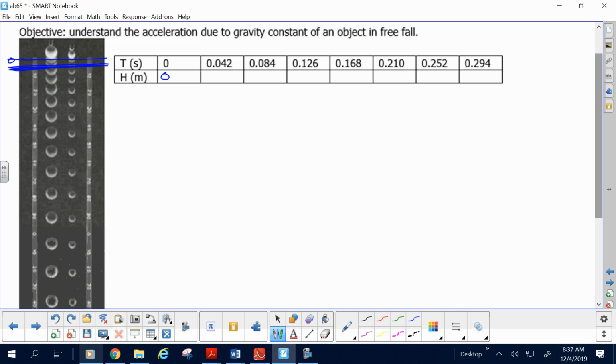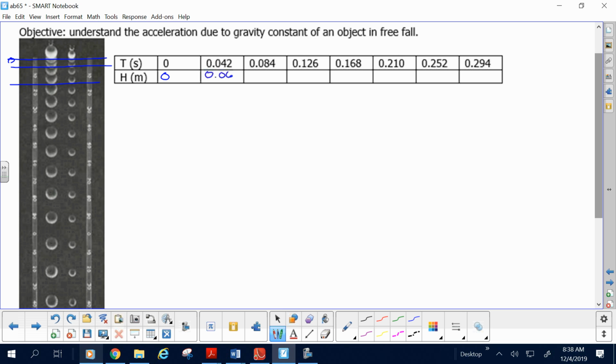I want you to then estimate where the bottom of the second ball is, but also put it in meters. So what do you think? It looks like about 6, 7 centimeters. So how many meters would that be? 0.06 meters. All right? Now, skip ball 3 and then go to ball 4.